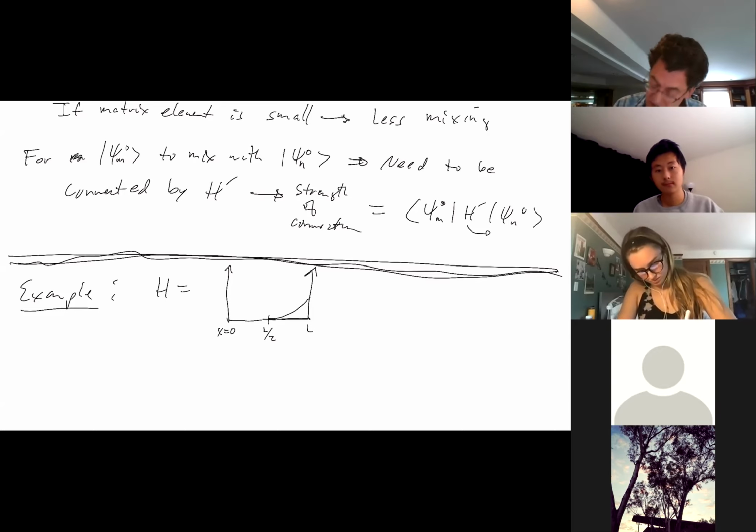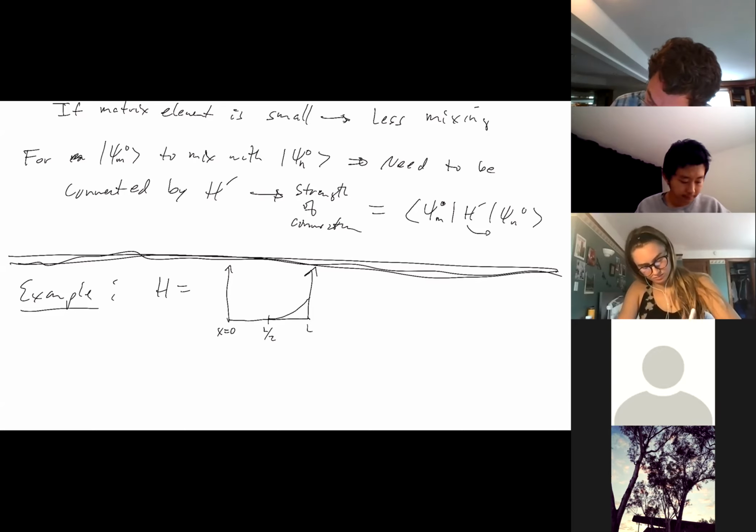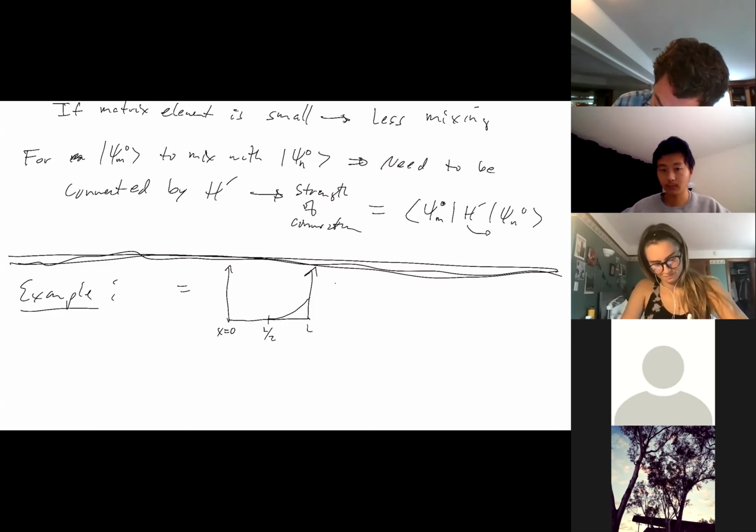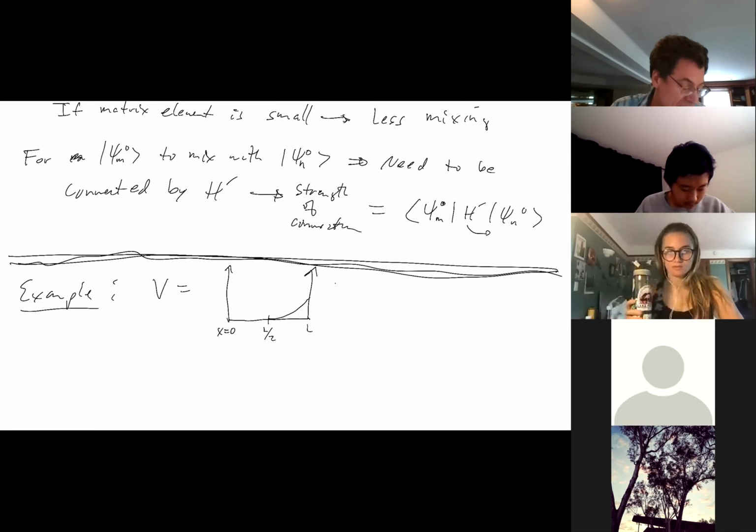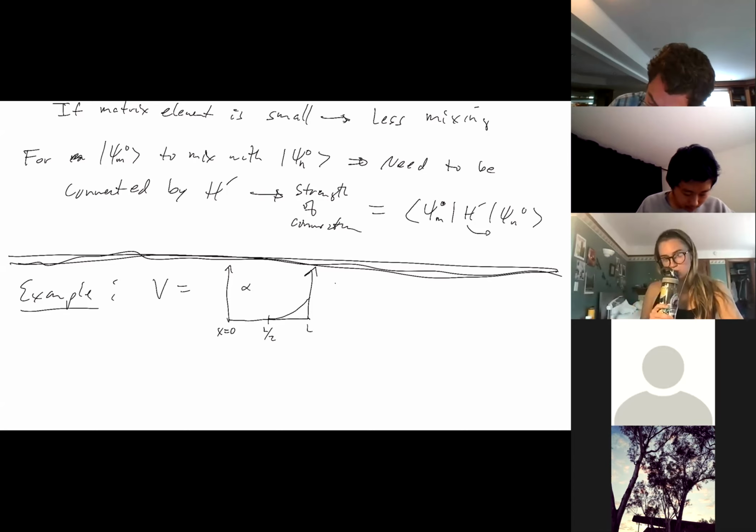Let's not call it H, I'll call it V. It's an infinite square well, but here I give it this little weird part, alpha times x minus L over 2 cubed.